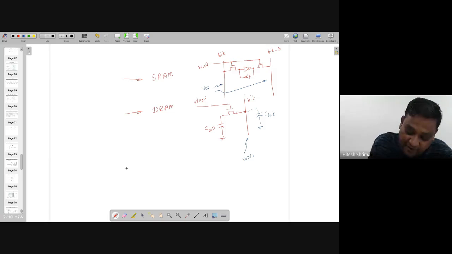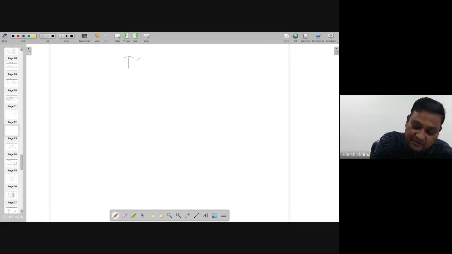But the most important part: I could have introduced that one also as one of the projects. I thought maybe I could not cover it on time, so I haven't kept it. But those who are interested can also design it, if they want to design TCAM. It's called ternary, or before going to ternary, content addressable memory.